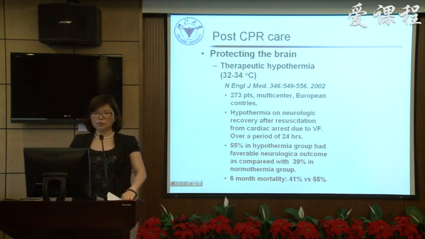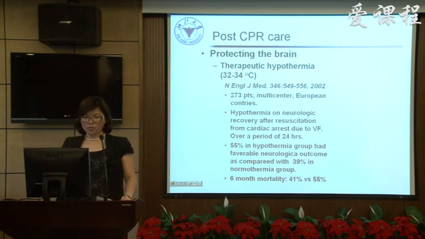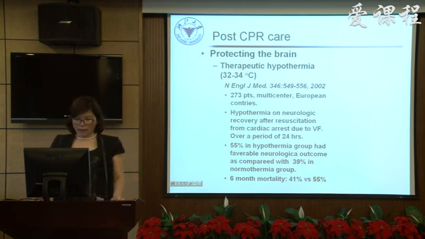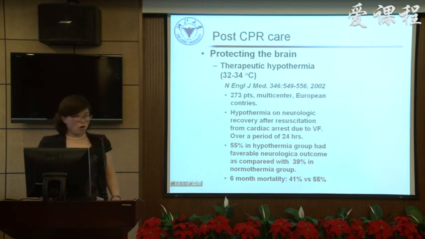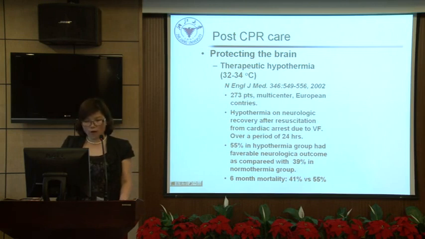To protect the brain, we can use therapeutic hypothermia, usually 32 to 34 degrees centigrade. This study looked at hypothermia on neurologic recovery after resuscitation from cardiac arrest due to ventricular fibrillation over a period of 24 hours.